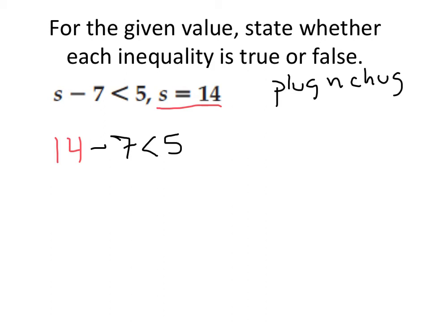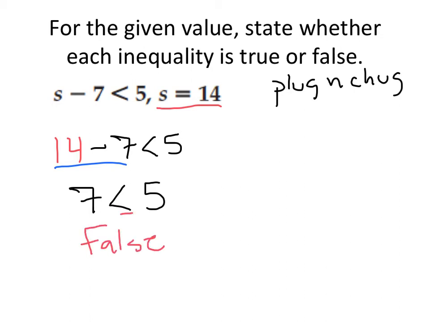And just like in the equation, I want to simplify the left side. These two are like terms. So I get 7 less than the right side, where the 5 is, which doesn't need to be simplified. I examine this statement. Is 7 less than 5? It's actually false. So our answer here is false.